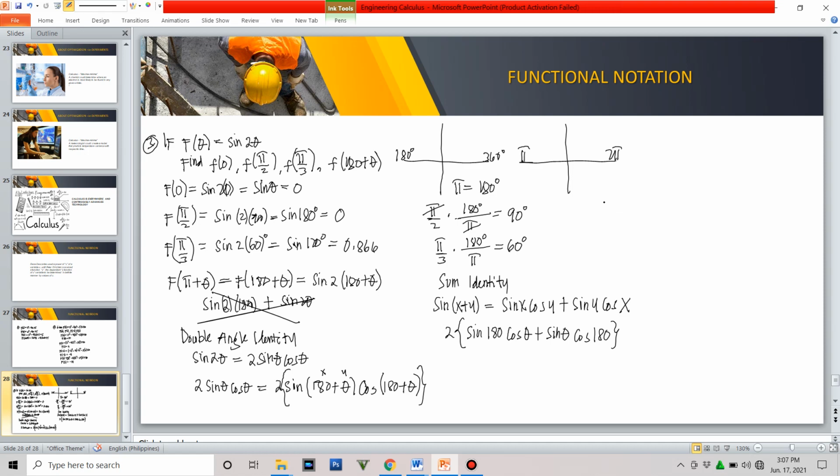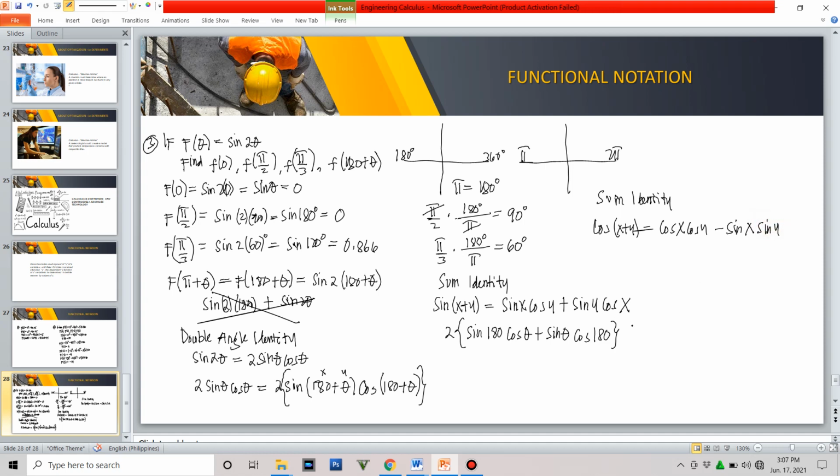So some identity for cosine, say cosine x plus y. We have cosine x cosine y minus sine x sine y.